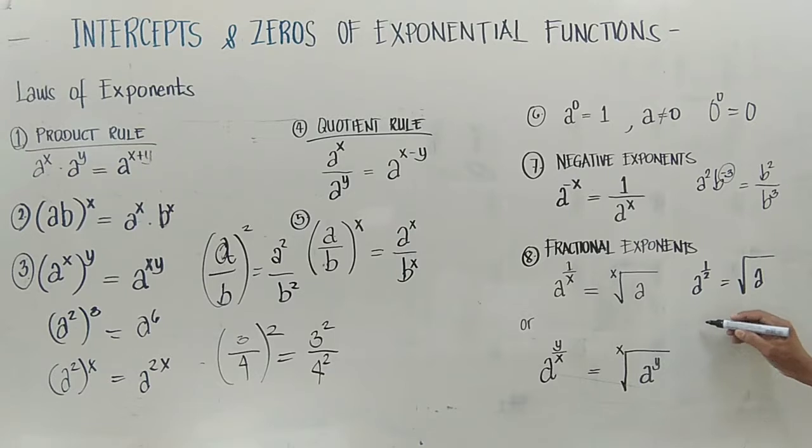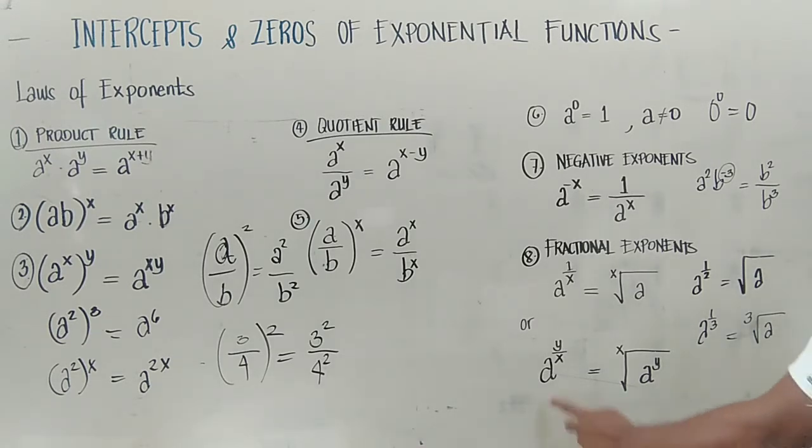Another example is a raised to 1/3. That will be the cube root of a raised to 1, and the 1 will not be written. Then another thing, we have a raised to y over x equals the x-th root of a raised to y.